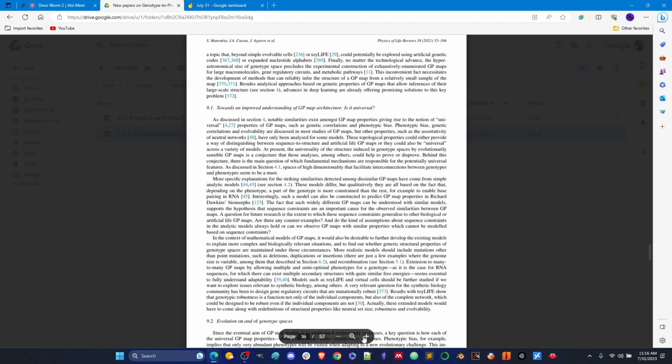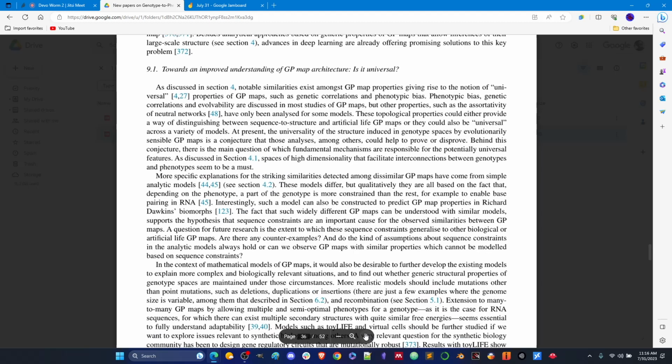So if we understand this GP-map architecture, we might ask the question, is it universal? Is it always a matter of mapping from genotype to phenotype? And we saw in the mathematical formulations that there is an information content of the genotype that needs to be carried over to the phenotype to make it viable.